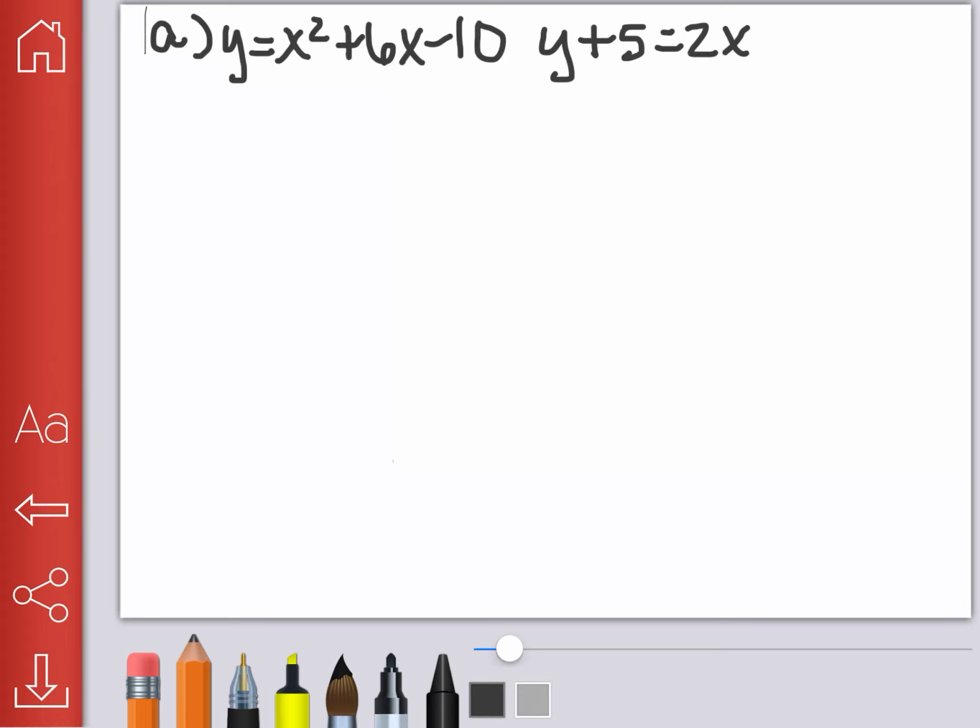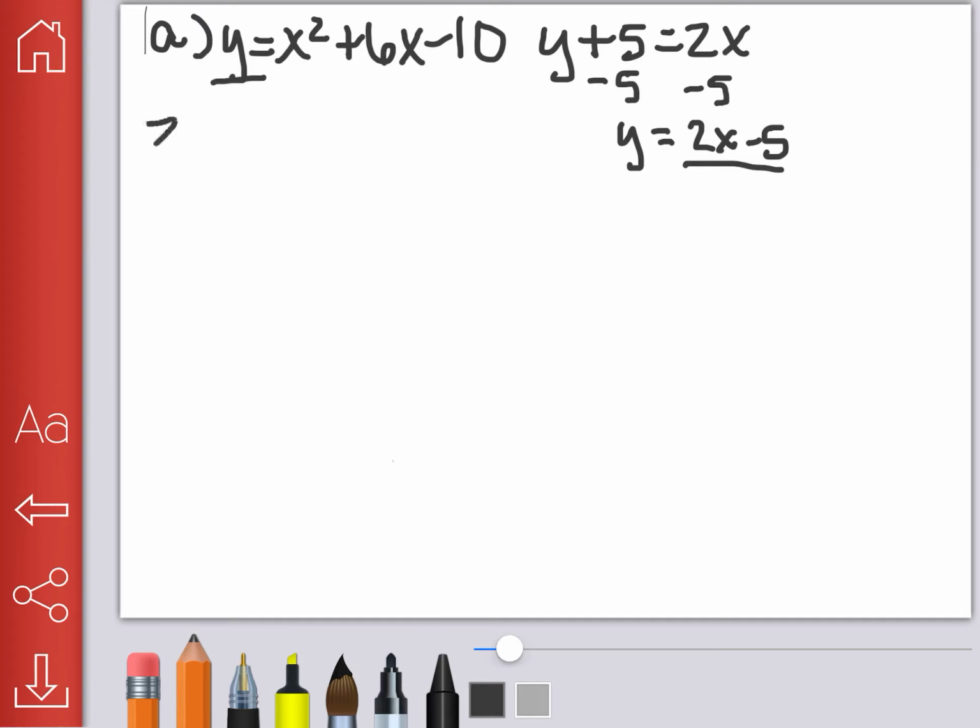So remember our first step, we want to isolate one of the variables in the line. So the easiest one here is definitely going to be the y. So we're going to want to subtract the 5 from both sides. So we've got y equals 2x minus 5. So that's equal to y, that's equal to y.